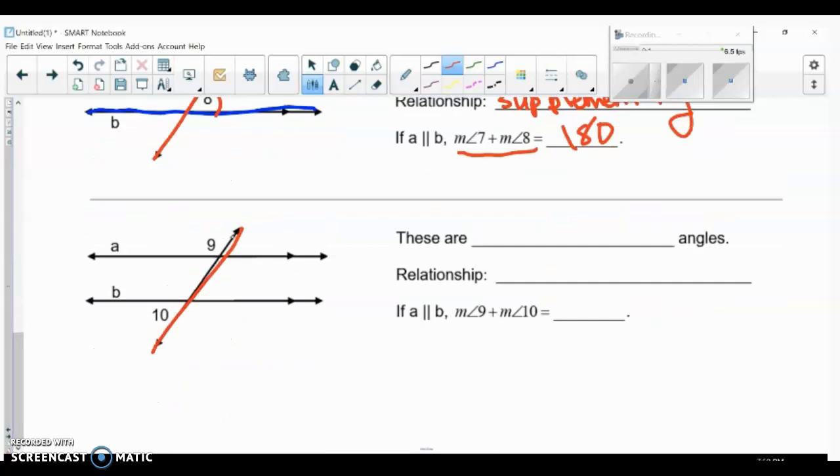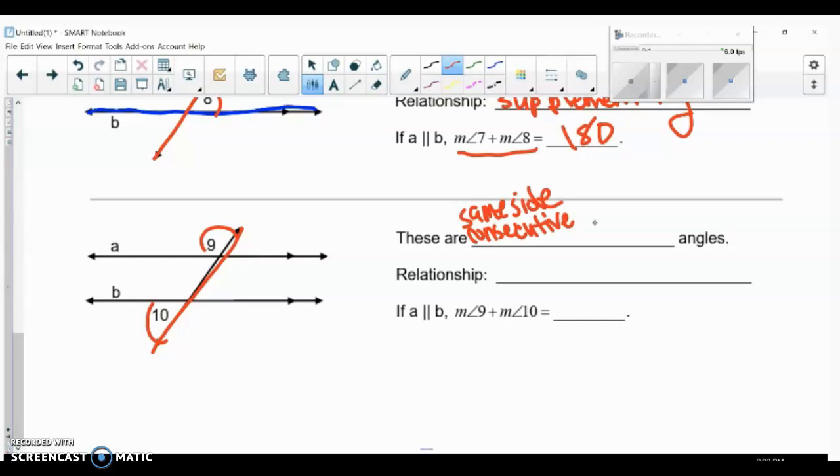And if you look at 9 and 10, these are same side exterior angles. I'll give you 3 guesses as to what their relationship is. And the first 2 don't count.